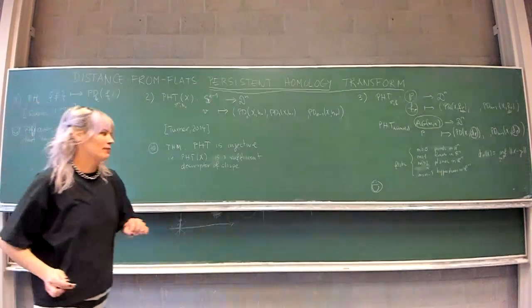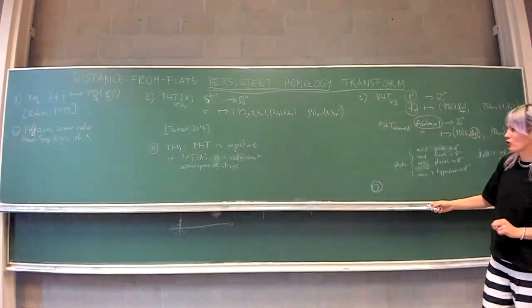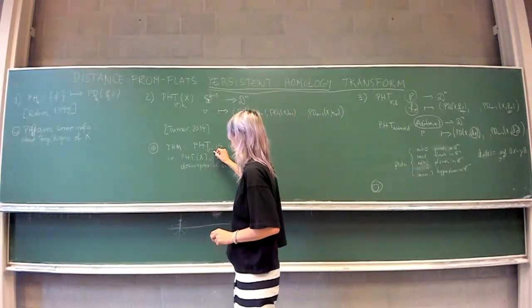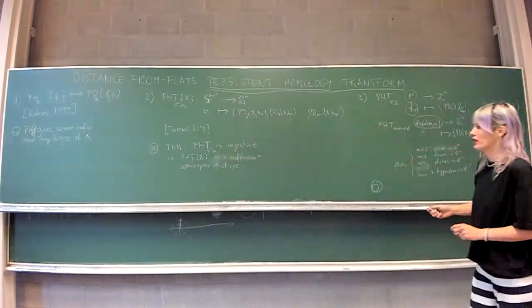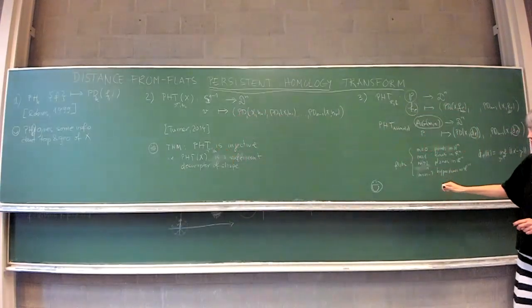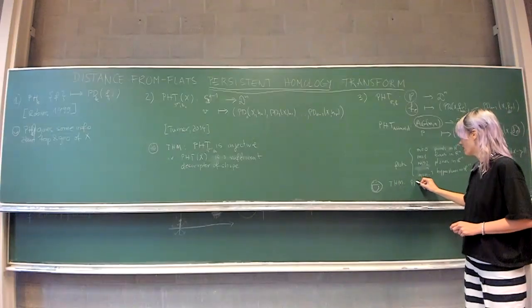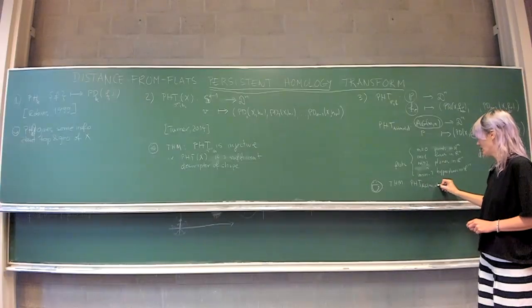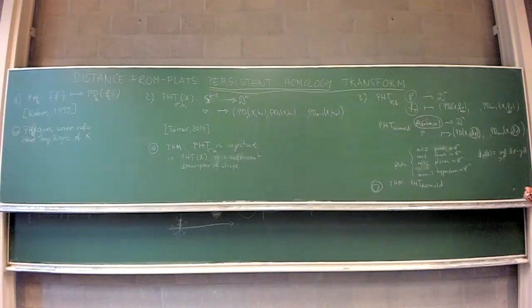I was just wondering, how am I on time? Okay. So here it was a classical PHC with the height function. And what we show is a similar result: we show that distance from flat is injective, but we don't really show it like that.